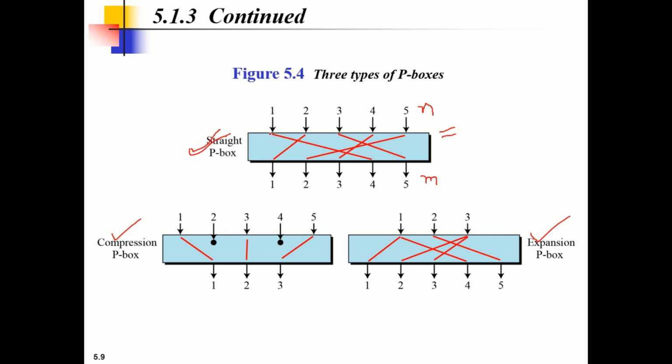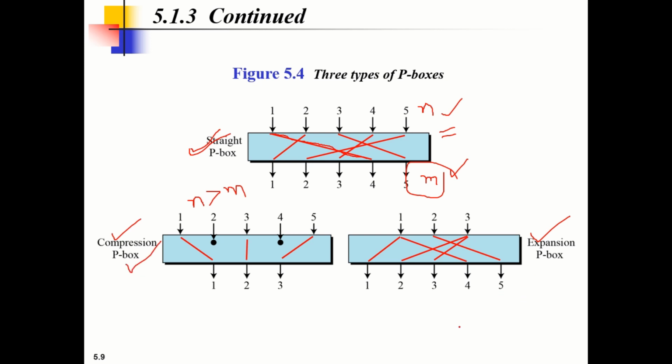Each and every n will be connected to one m, right? So that is why the value of n and m is the same. In compression P box, the values of n and m are not the same, and the value of n is greater than m always. So we call it compression P box.